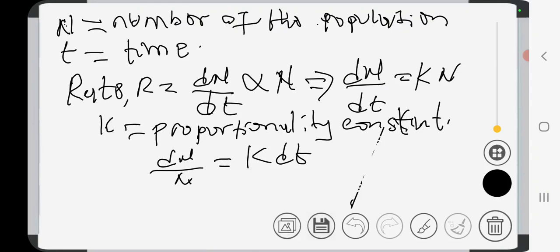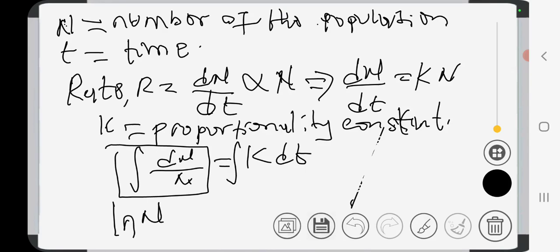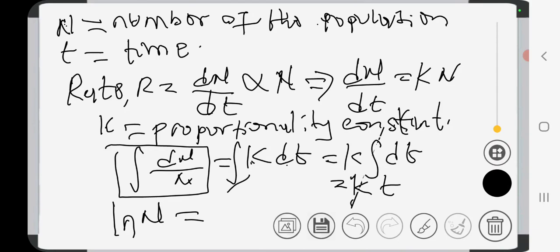The next thing is to integrate both sides of the equation. From the standard integral, the integral of dn over n means ln n. Because k is a constant, we can write it outside the integral, and the integral of dt gives t. So ln n is going to end up as kt.